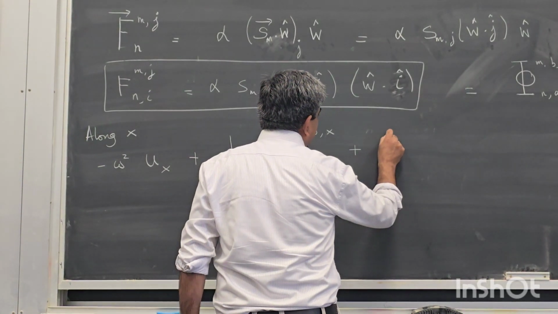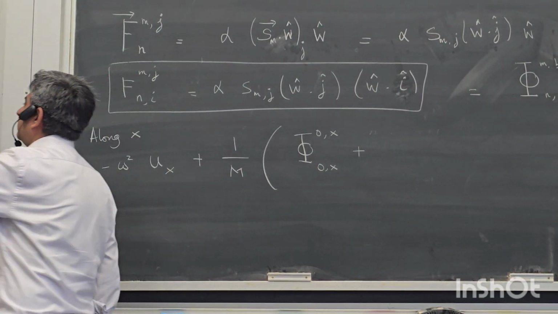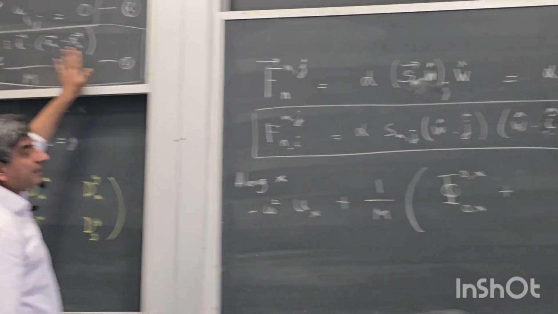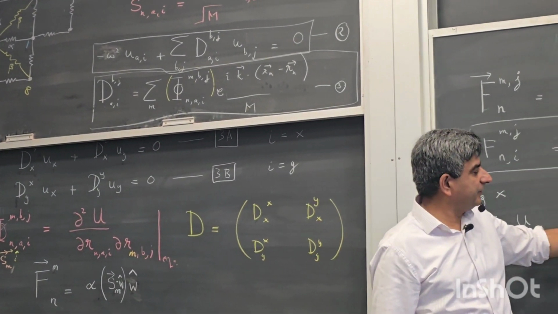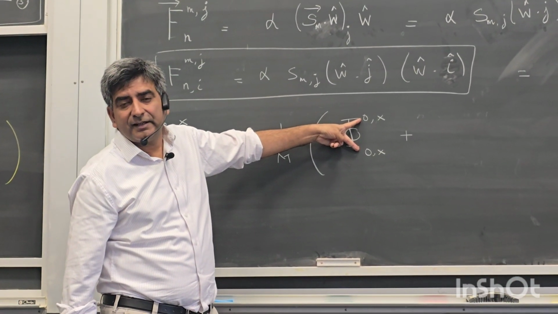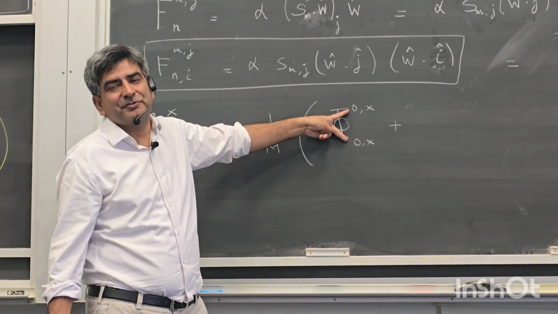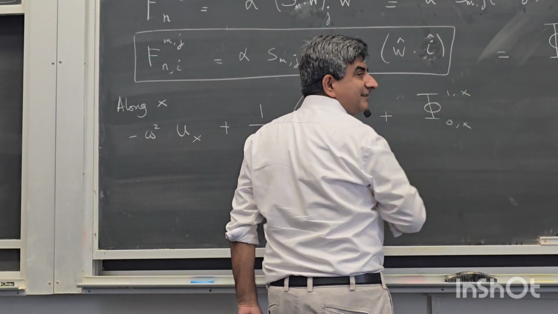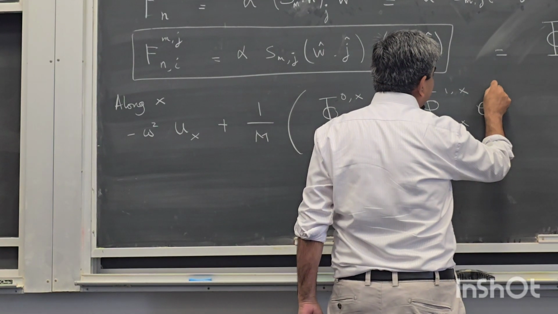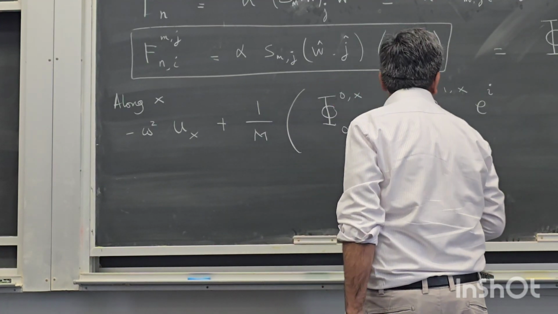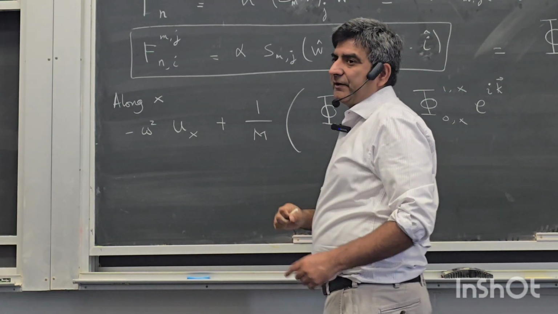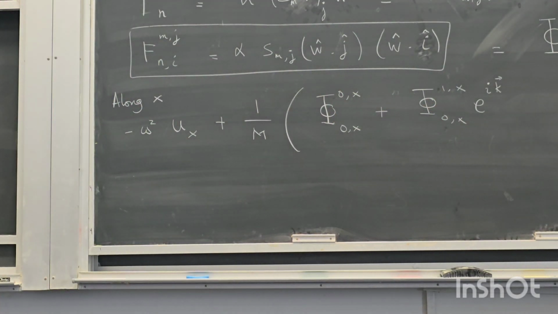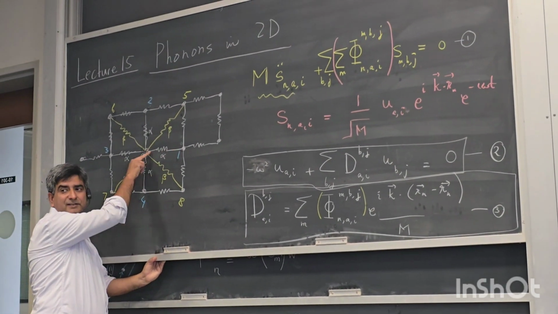Plus, now I need an exponential factor. The exponential factor comes from Rn minus Rm minus Rn. So it's really the difference in the position vectors between these two atoms, 0 and 0. So this difference is 0. Plus phi 0x 1x with an e raised power i k dotted with the internuclear vector that connects atom 0 and 1, which is this vector, right?